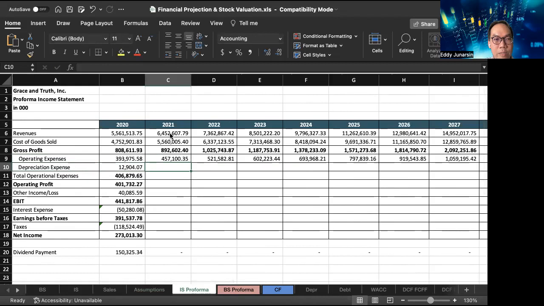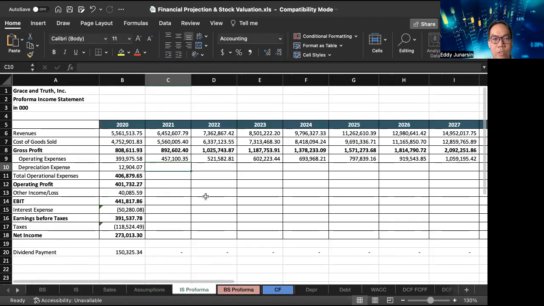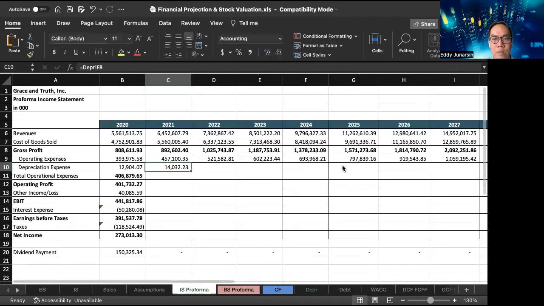Depreciation expense. I think we did it here. Depreciation expense is in a separate sheet for fixed assets or depreciation. We just need to link it to that specific sheet. So depreciation expense in 2021. Where is it? Here, this one. Okay.